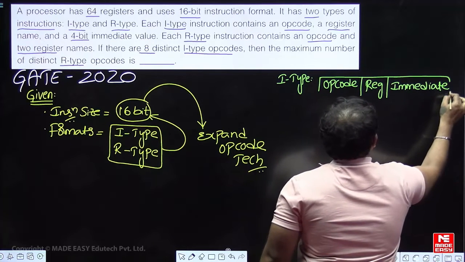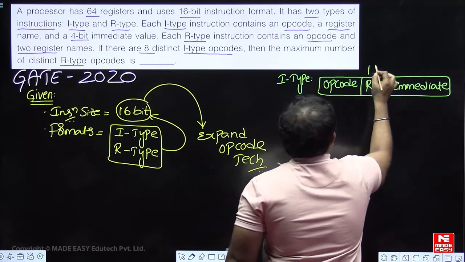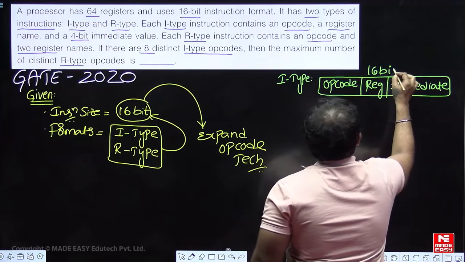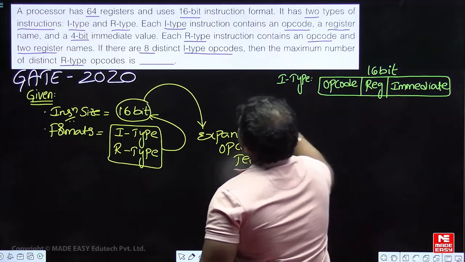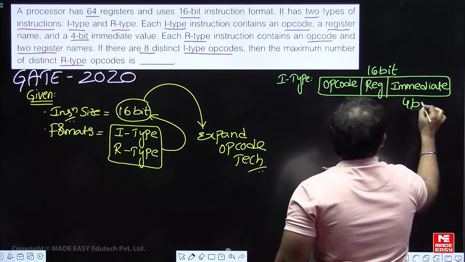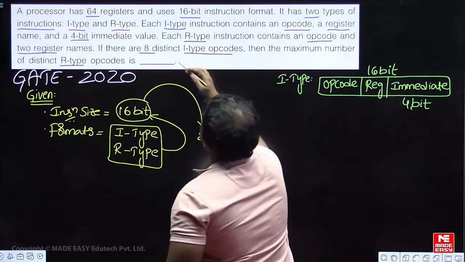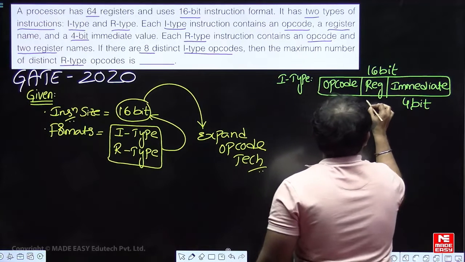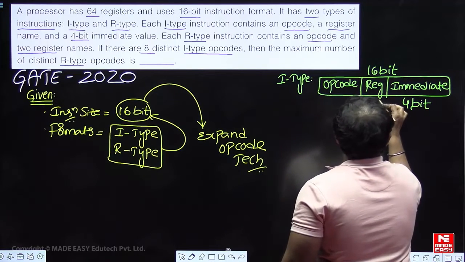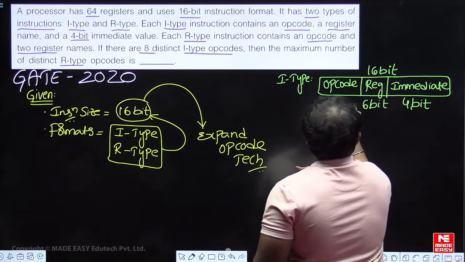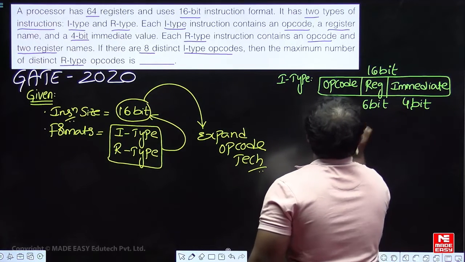It is a 16-bit instruction. The immediate constant is 4-bit, as mentioned in the question. The number of registers is 64, that means a 6-bit address. So the remaining 6 bits are the opcode.